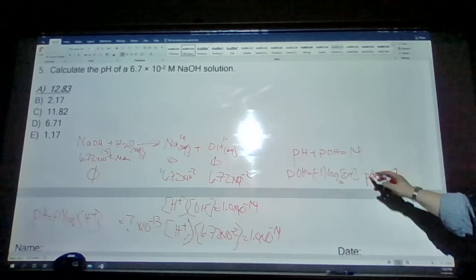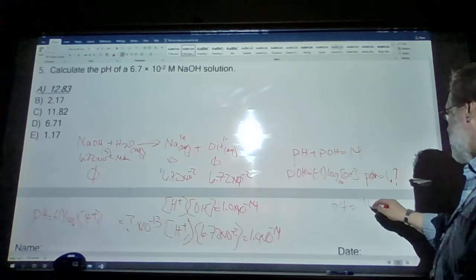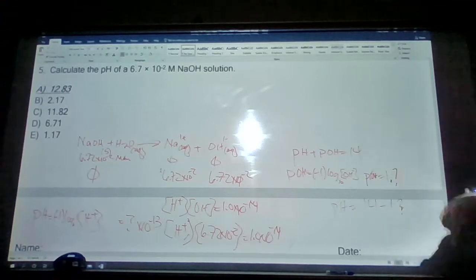We know pOH, we have 14. pH is 14 minus 1 point something. This should give us the value of 12.83.